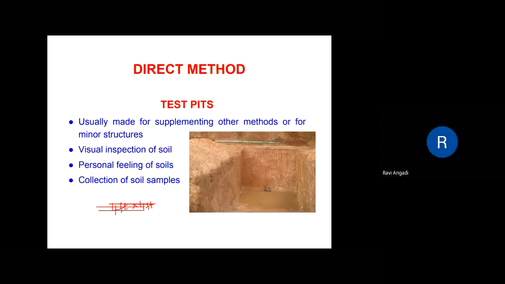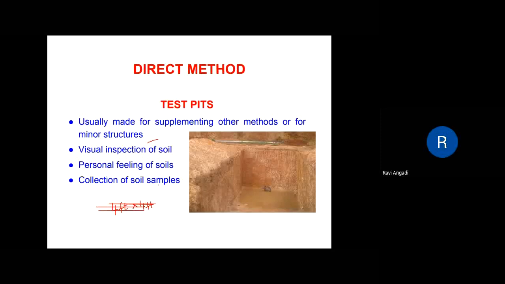As per the IS codal provision, the minimum requirement is 4 feet by 4 feet. The trench should be taken, and in such inspection it will be a visual inspection of the soil, and you should get a personal feeling of the soil and collect soil samples.